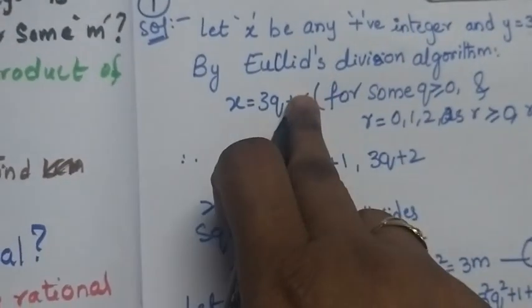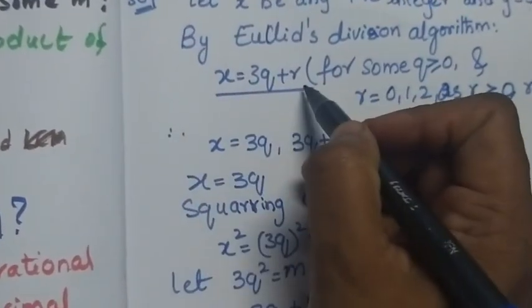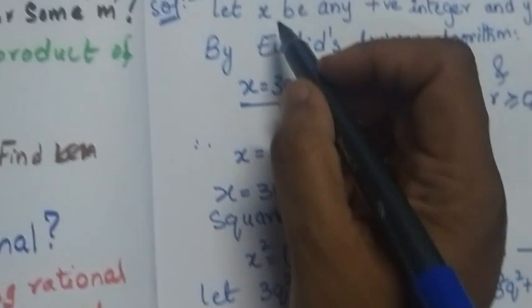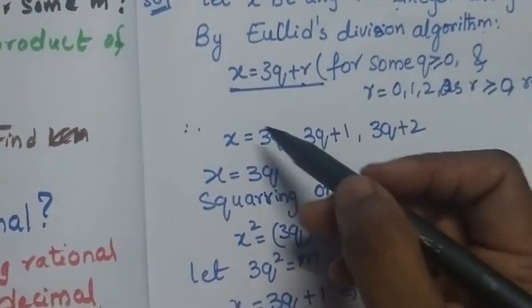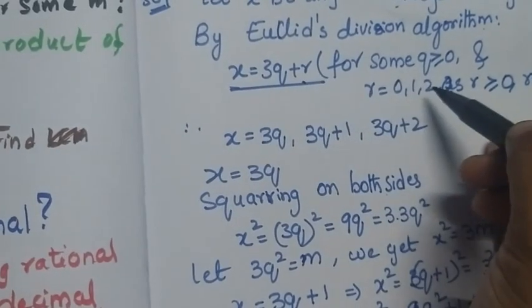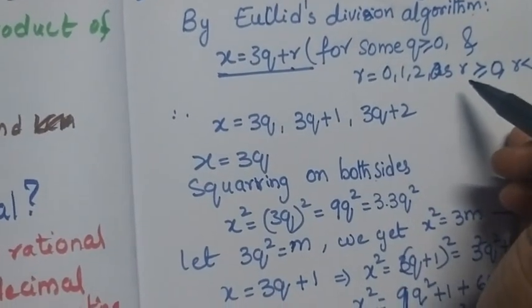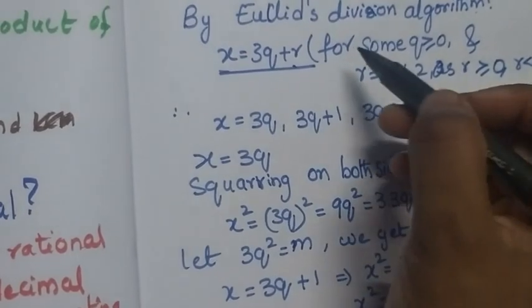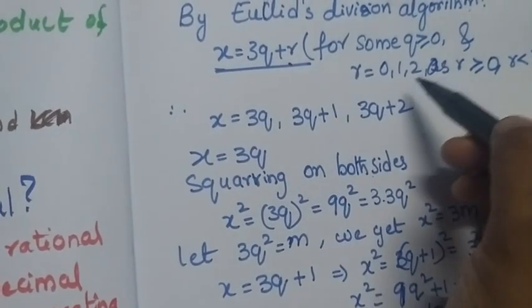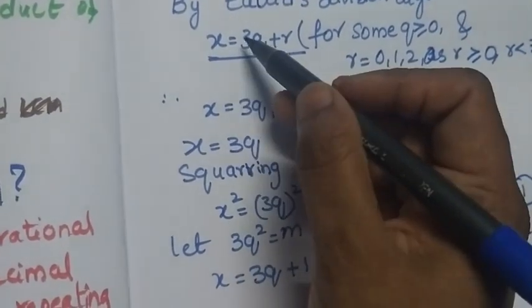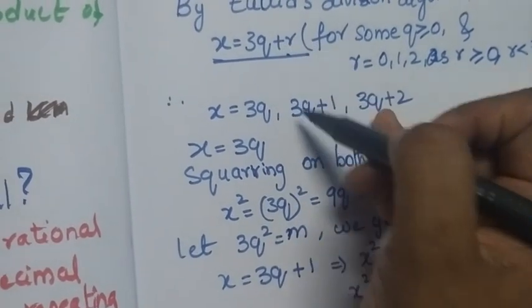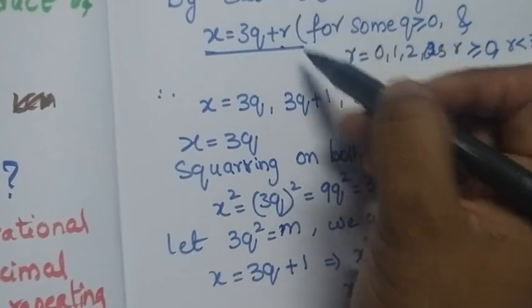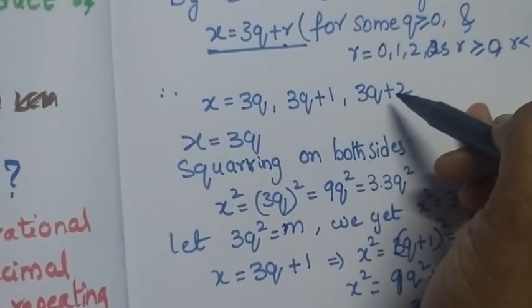So like this we have to prove it by using the division algorithm theorem. First we take x equal to 3q plus r, as x is a positive integer and y equal to 3. Then by substituting r equal to 0, 1, 2, since r is less than 3, we get x equal to 3q, 3q plus 1, and when r is equal to 2 we get 3q plus 2.